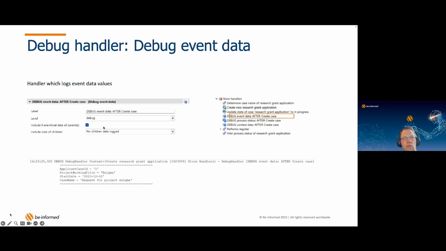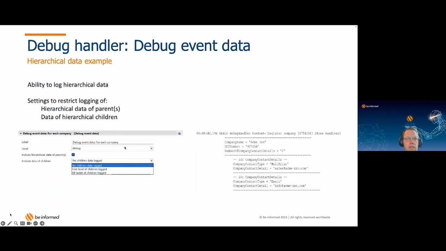And there are two settings for hierarchical, which are on the next slide, which allow you to define if you want to show the parents of the hierarchical data or not, or if you want to show the children or not. And for the children, you have one extra choice. Do you want to have the first level of children, or do you want to have all children logged?